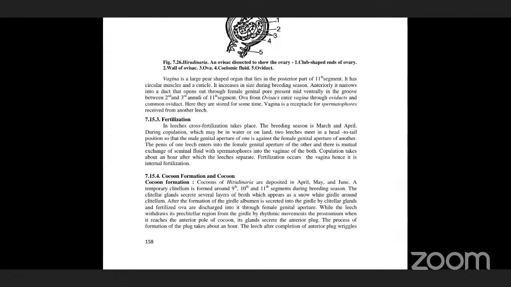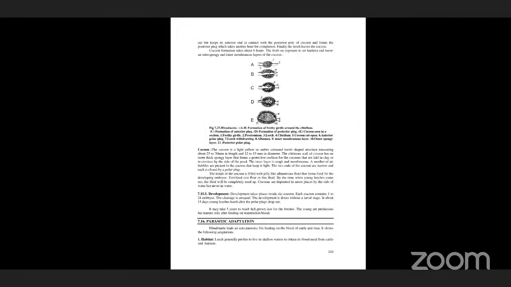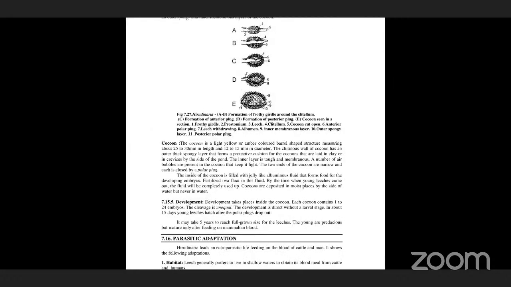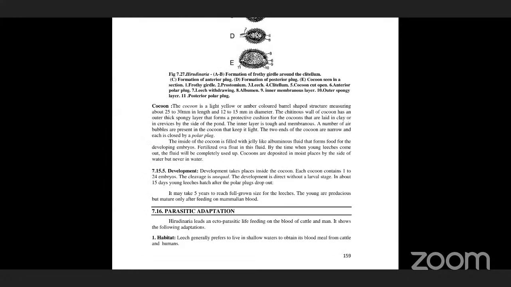Once fertilization is over, cocoons are formed from April to June. April, May, June. Then cocoons are formed, which have a light yellow or amber colored shape.